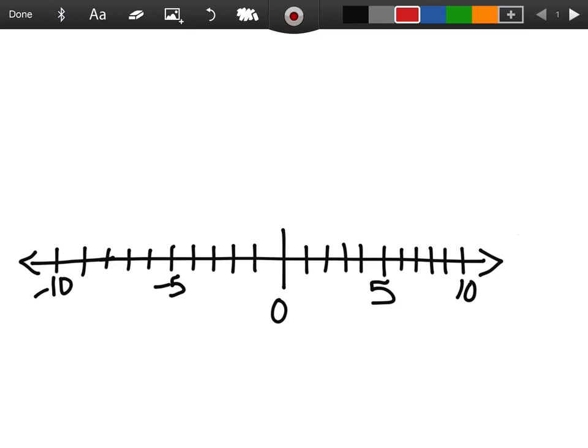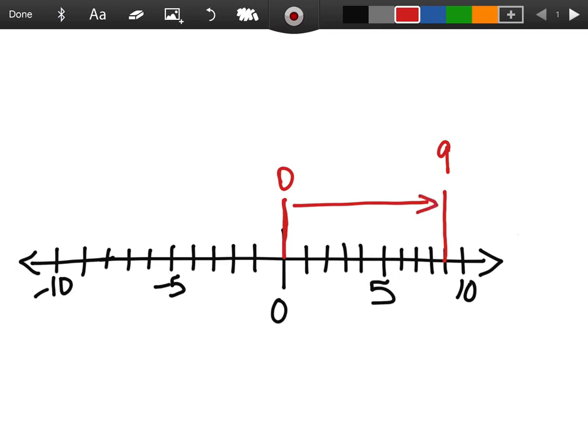So if I put a line right here, I know that this line, because of how close it is to the 10, is the 9, okay? And I know that this mark right here is 0. So my question is, what is the distance that I have to travel in units going from 0 to the number 9?